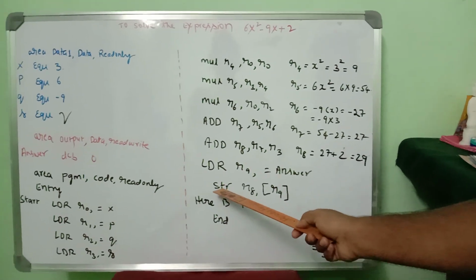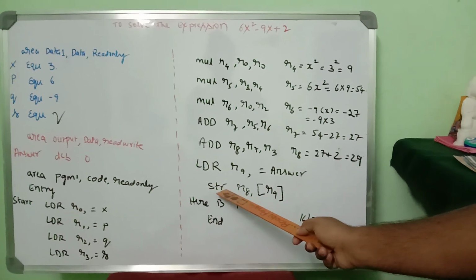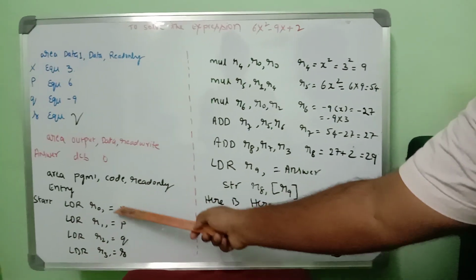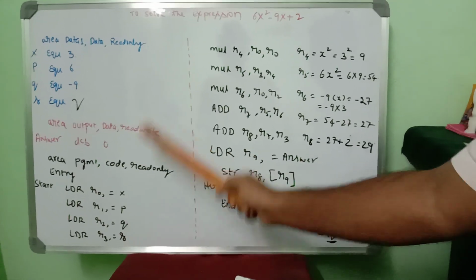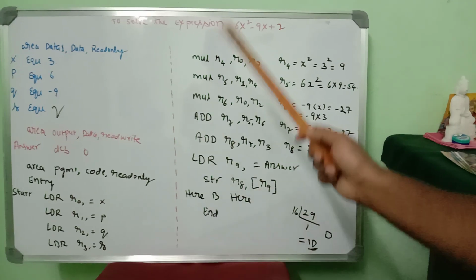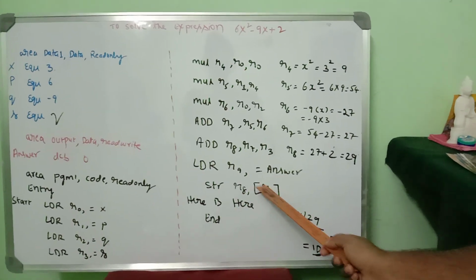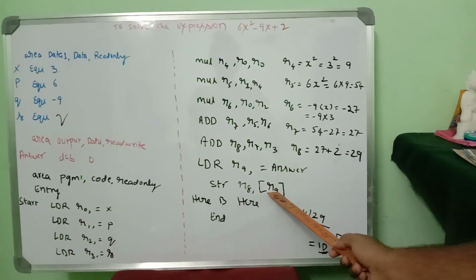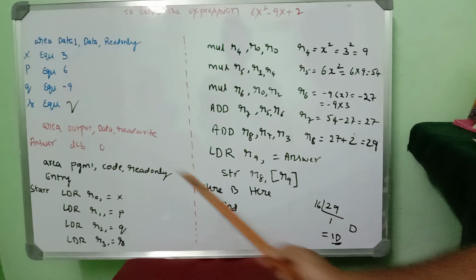Here you should observe STR, this instruction is actually the store instruction, whereas these are not actually the LDR instructions, they are actually the pseudo instruction. The load and store happens only between a memory and the register. As you can see here, R9, though it is a register, it represents a memory location called answer.